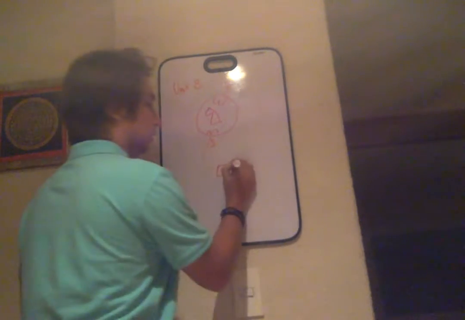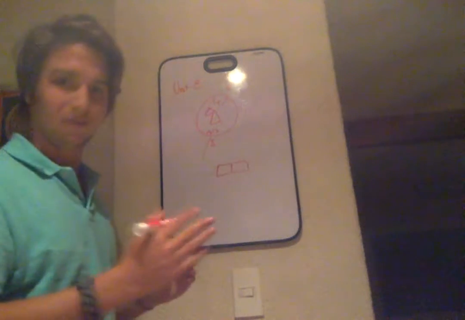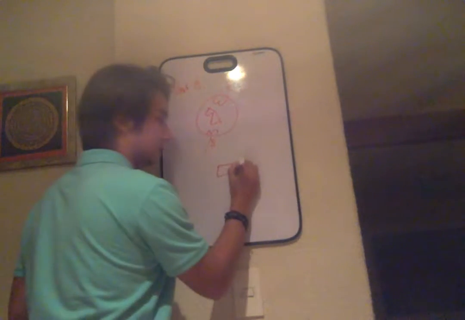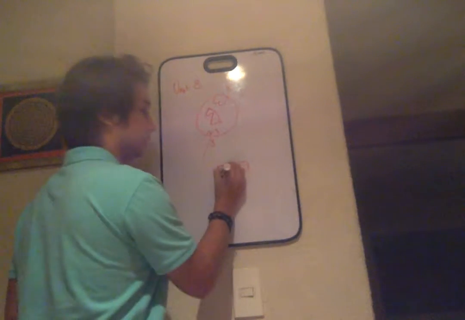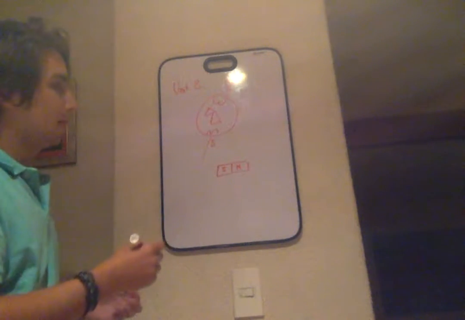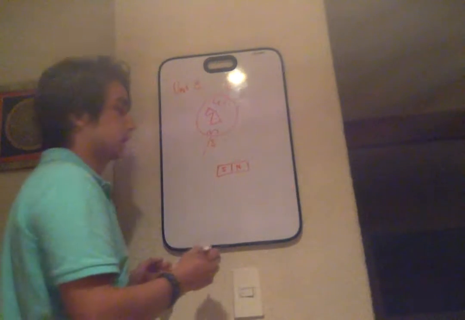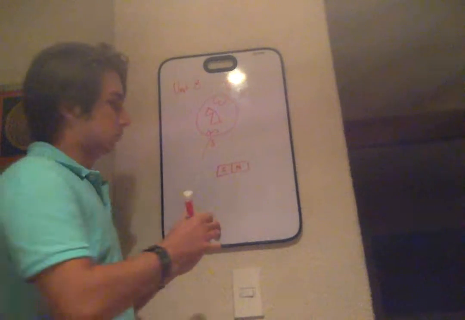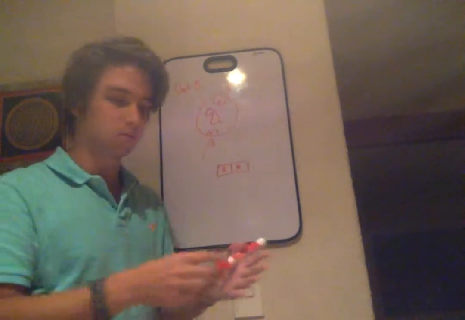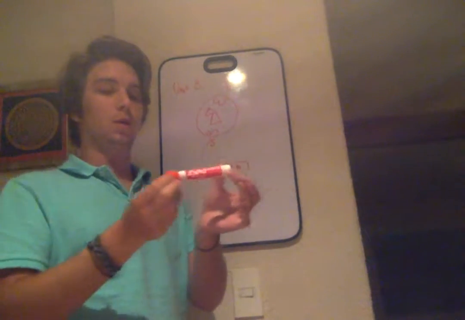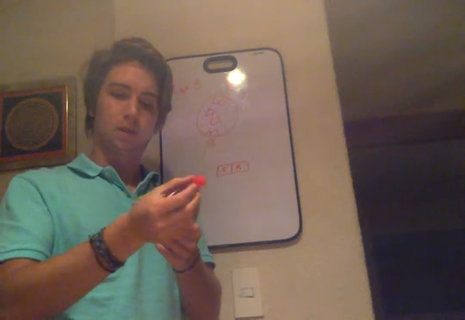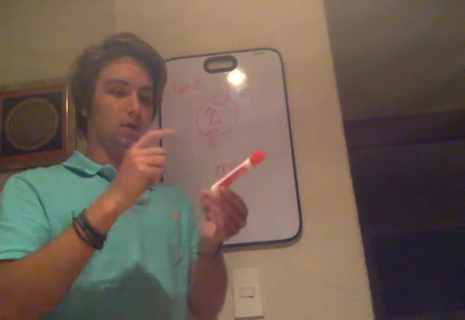So what I'm trying to say is, if we have a magnet divided in half, with the north magnetic pole and the south magnetic pole, and we leave it floating in space, it will always try to find the north and the south.